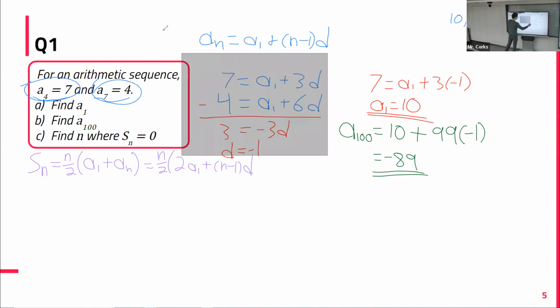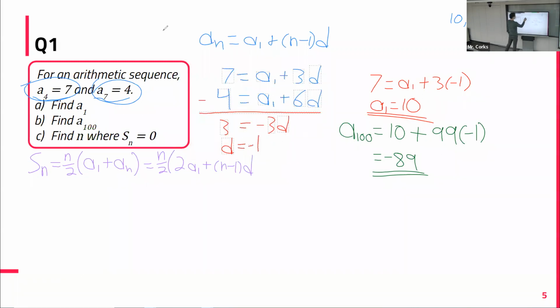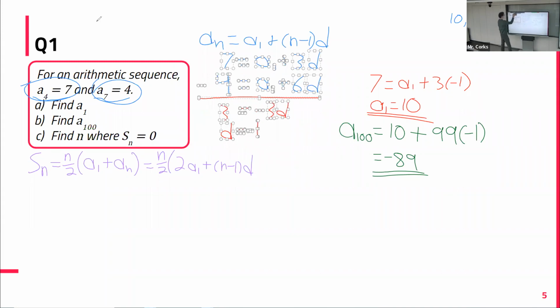All right, which of these formulas is more useful for us? Second one. Why the second one? All right, we don't know an. If we tried to use the first one, then we have an unknown here.